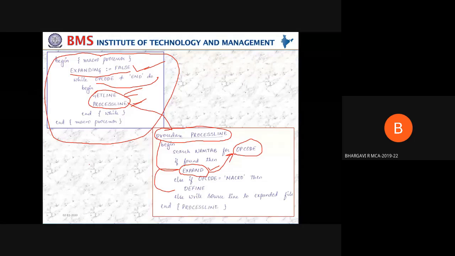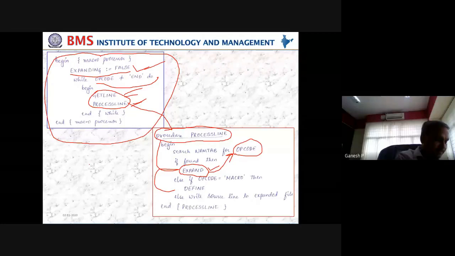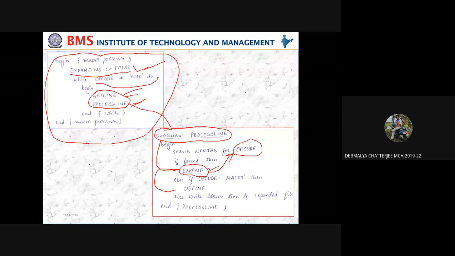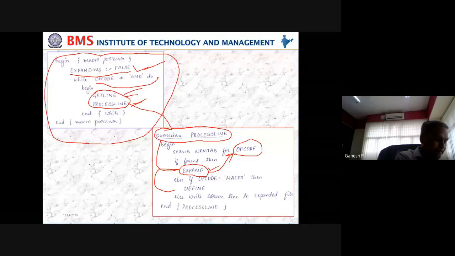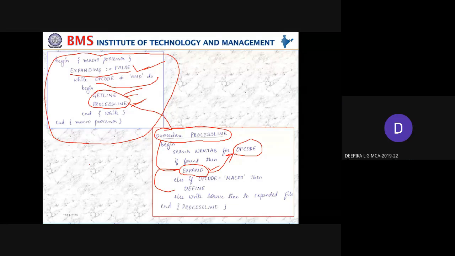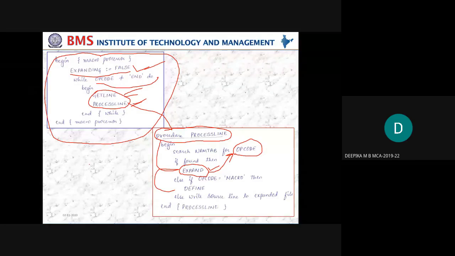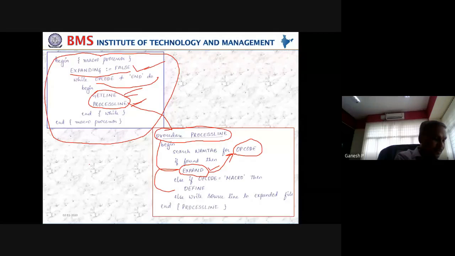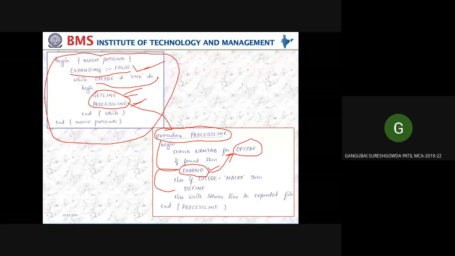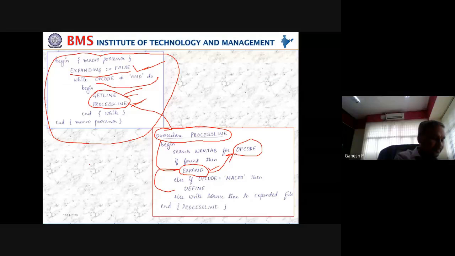Present, sir. Bhavisha? Present, sir. Chaitra? Present, sir. Chatterjee? Present, sir. Diksha? Deepika LG? Present, sir. Deepika MB? Present, sir. Murli Krishna? Present, sir. Gangubai? Present, sir. Guriya Kumari? Harshit?